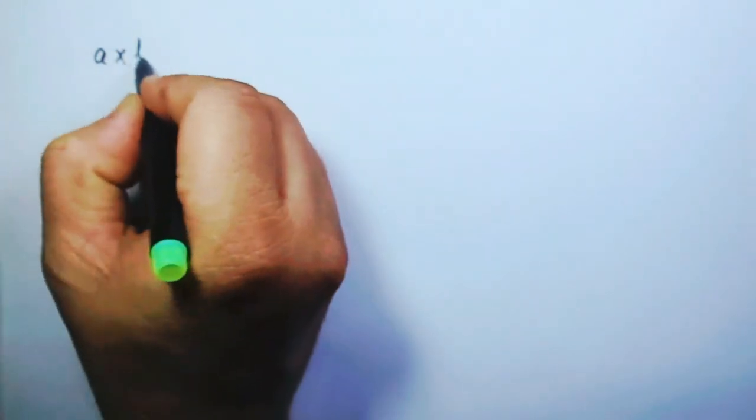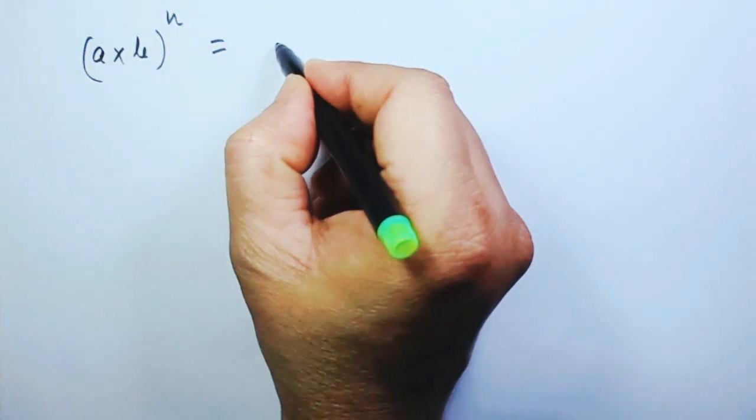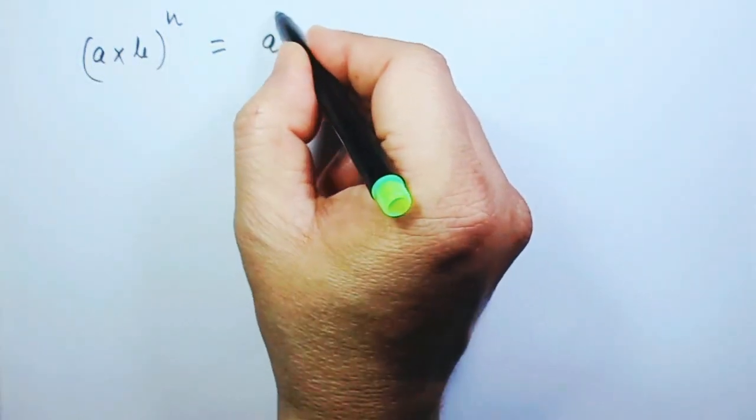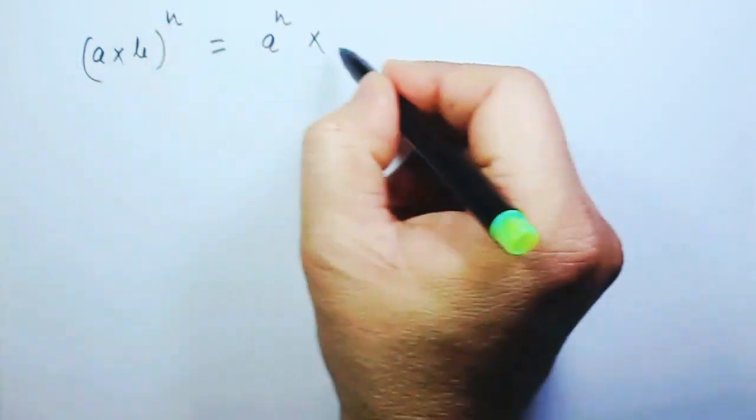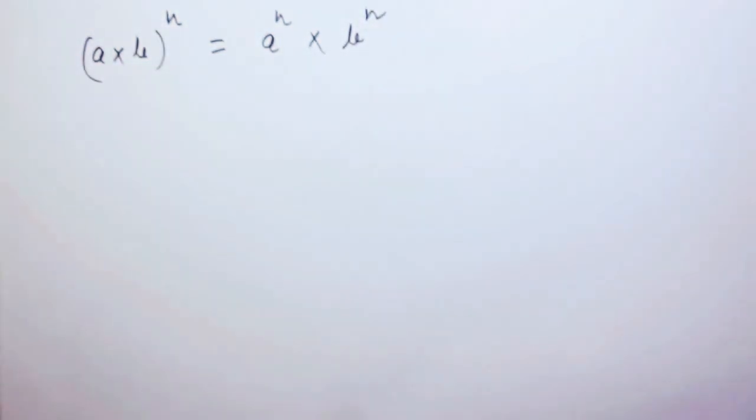Now let's take one more example. What did we learn just now? When a and b is raised to the power n, this n belongs to a also, a to the power n, and this n belongs to b also, b to the power n.